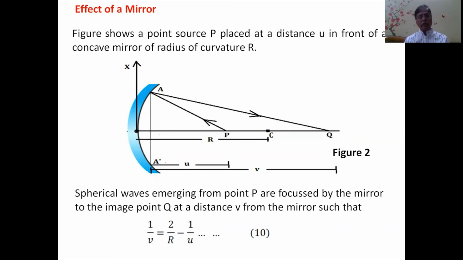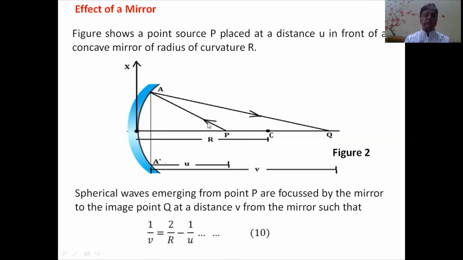Now, naturally, because P is the object point, the divergent spherical waves will come out of this and move toward point A. The mirror will change this divergent spherical wave fronts into convergent spherical wave fronts, so that they converge at the image point Q, whose distance from the mirror is taken as v.